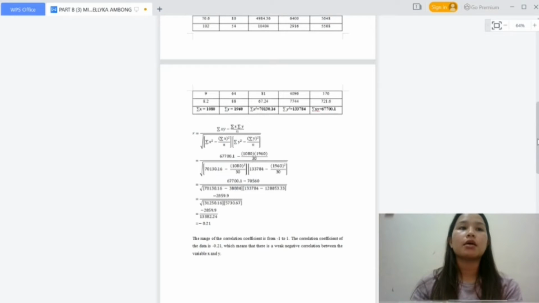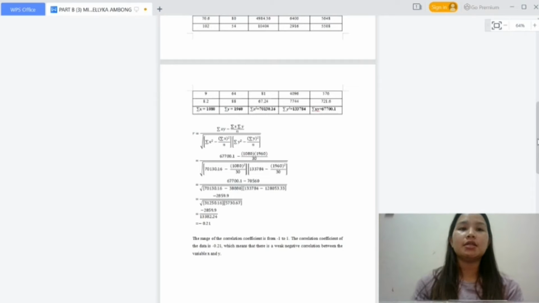After that, you take the square root of summation x squared minus summation x squared divided by the total of the data, and then summation y squared minus summation y squared divided by the total of the data. The answer is negative 0.21.